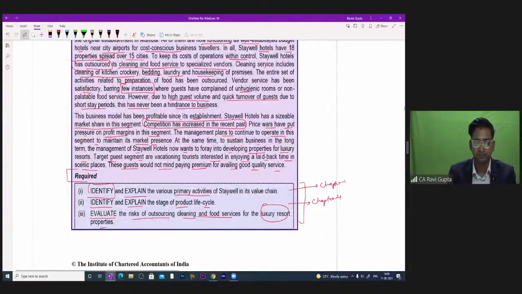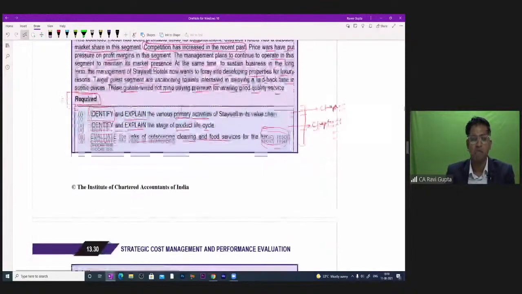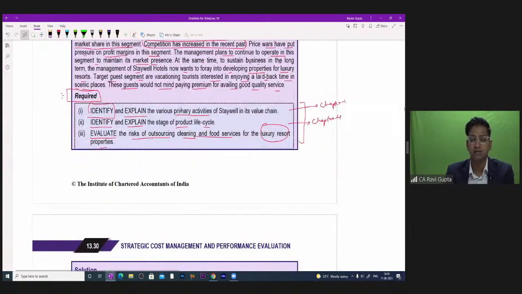Required: identify and explain the various primary activities of Staywell in its value chain. So this belongs to chapter number 1, value chain analysis, and we have already done questions on value chain analysis, and we have done so many questions.